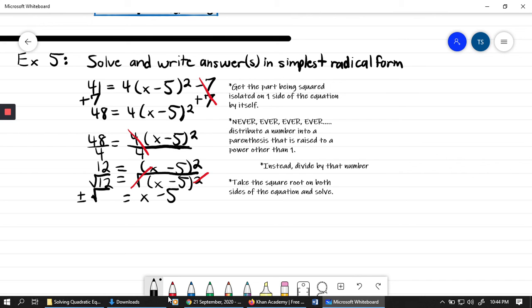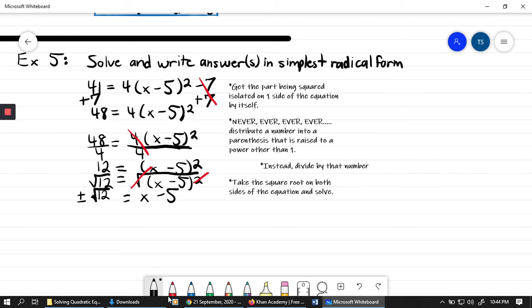I mean literally the value of it is 3 point something. You can't just write it as 12. Okay? So again, make sure that if you're not simplifying it, or if it can't be simplified, that you just leave it under the radical, that you leave it as the square root of 12. Alright, so we've got plus or minus the square root of 12.